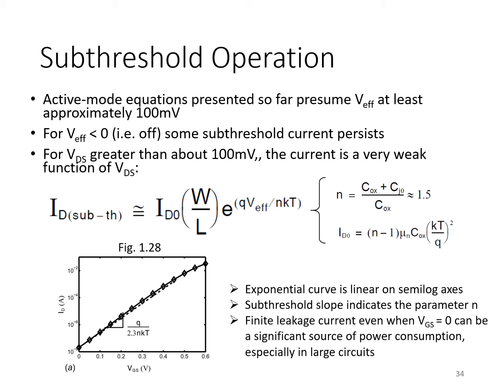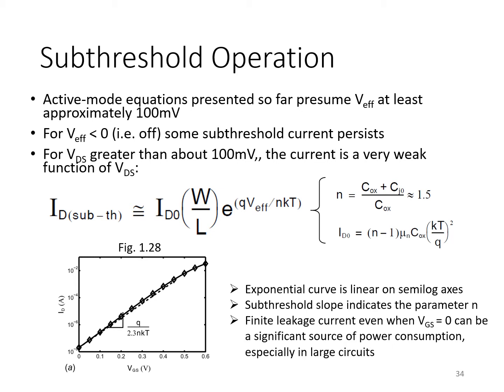Once you get below that, the channel region is very weakly inverted, and certainly when V effective drops to 0 or below, then it's really not inverted at all. And yet, some subthreshold current persists.